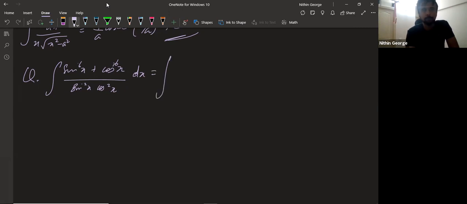The numerator you write as sin square x plus cos square x, the whole cube, minus 3 sin square x cos square x into sin square x plus cos square x.